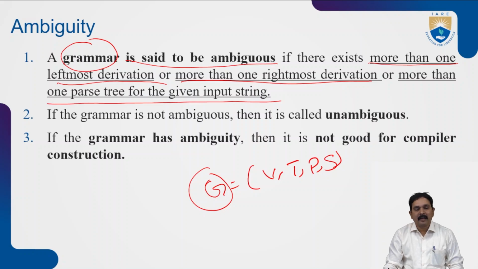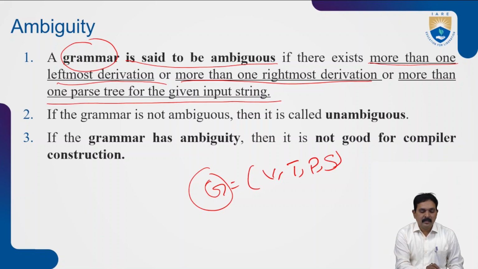So a grammar becomes ambiguous when we determine one complete valid string with more than one leftmost derivation, more than one rightmost derivation, or more than one different parse tree for the same input string. In that case the grammar is said to be ambiguous grammar.